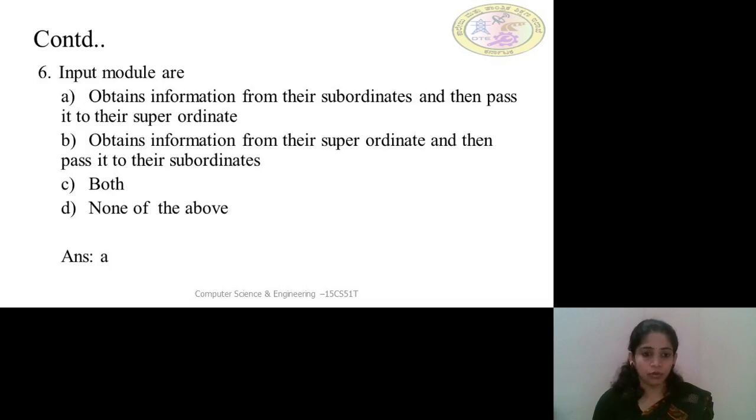Option A, input modules will always get the information from the subordinate, that is, lower level modules, and then pass it to the superordinate. If it is reverse, if it gets the information from the superordinates and passes to the subordinates, then it is an output module. So the best suitable answer here is option A.